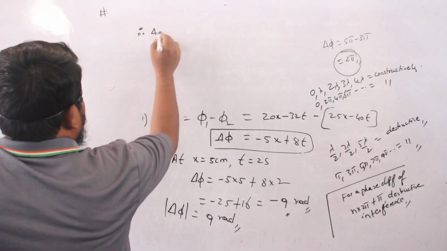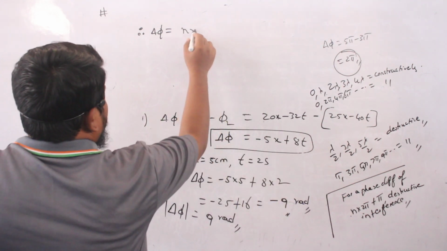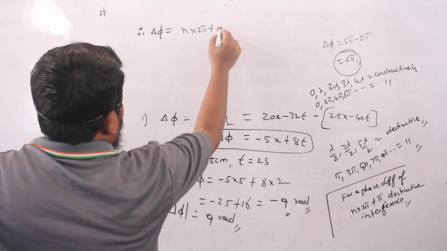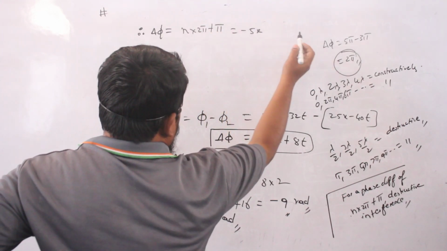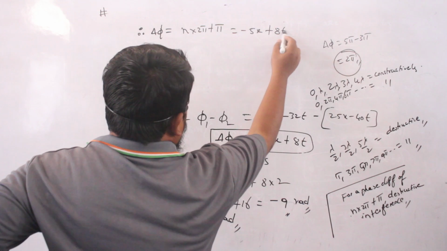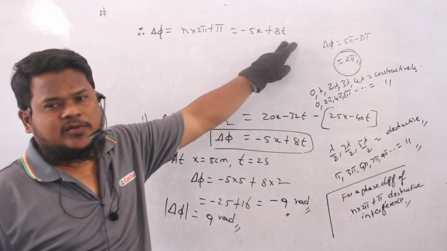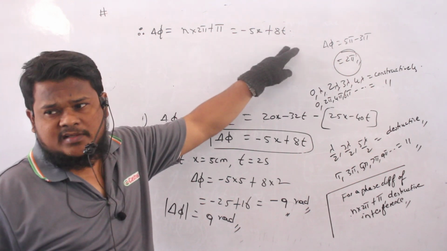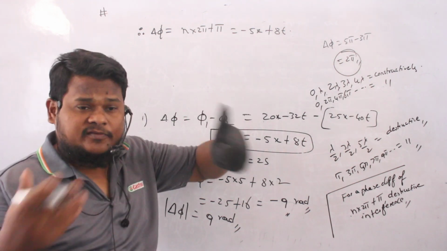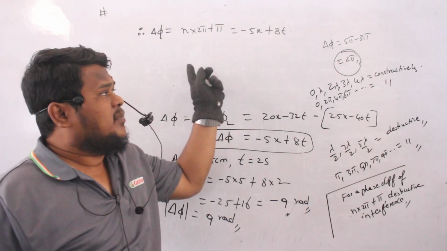So I will write, therefore the phase difference between both of them should be n into 2 pi plus pi, which should be equal to minus 5x plus 8t. Okay, now you go on substituting these n values, then I will get different values of x at a time of t equal to 2 seconds.